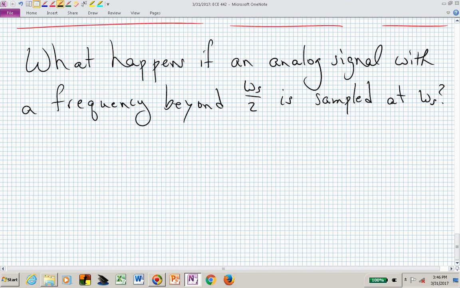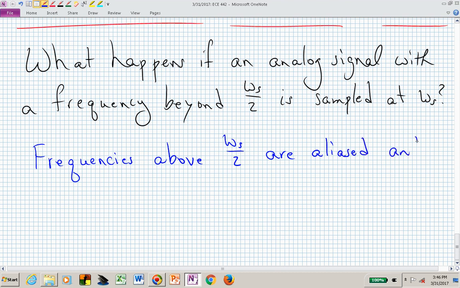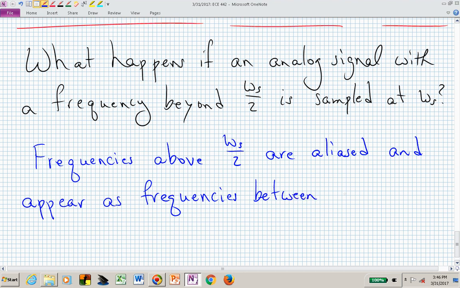Let me just go ahead and answer that. The answer is that frequencies above this Nyquist frequency, or above omega sub s over 2, are aliased and appear as frequencies between 0 or DC and omega sub s over 2.